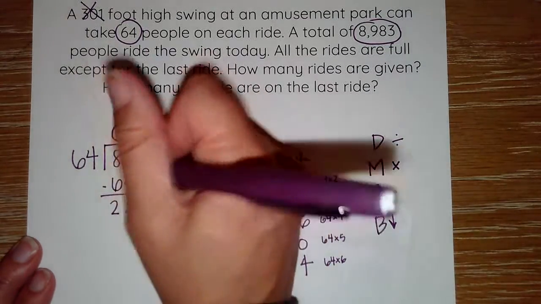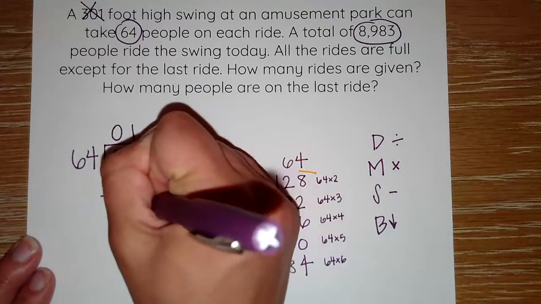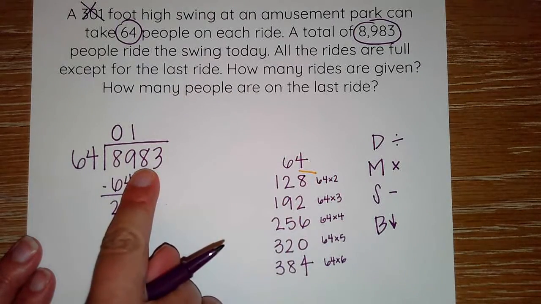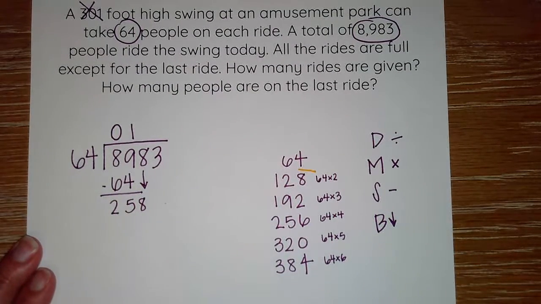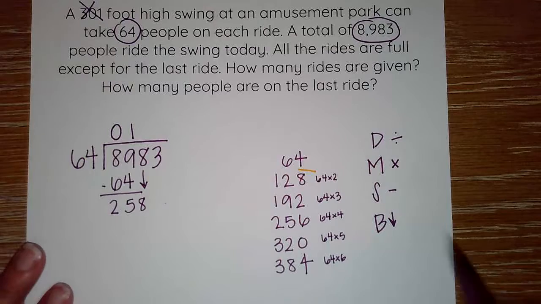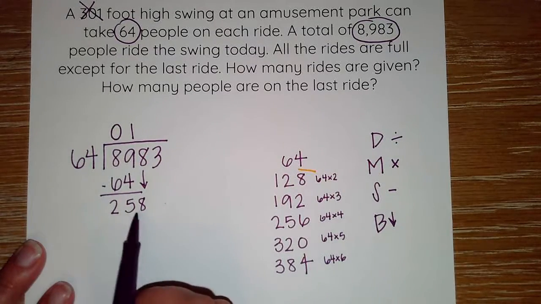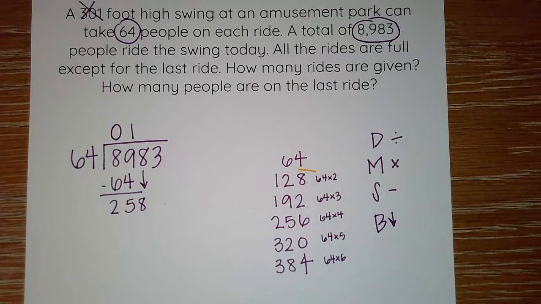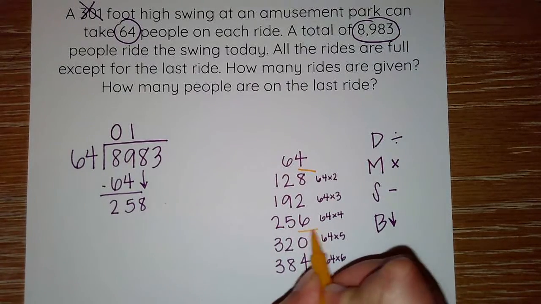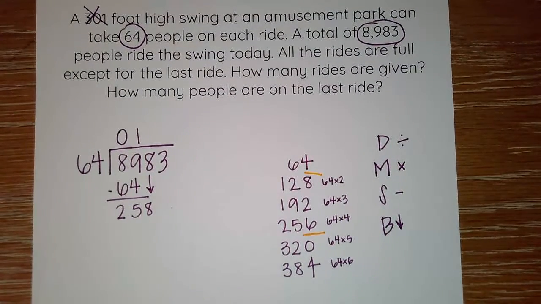I bring down just one digit directly to the right. I keep moving one digit at a time. Now I need to go back up to my division and see how many times 64 goes into 258. I take a look and I see that 258 would be right here.